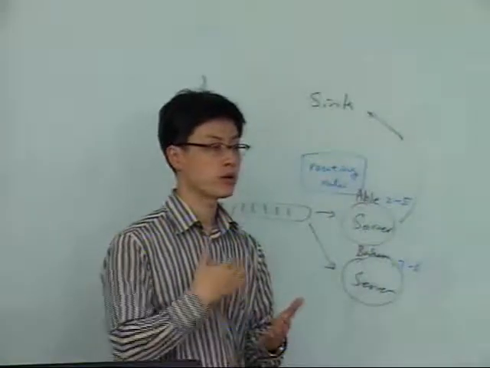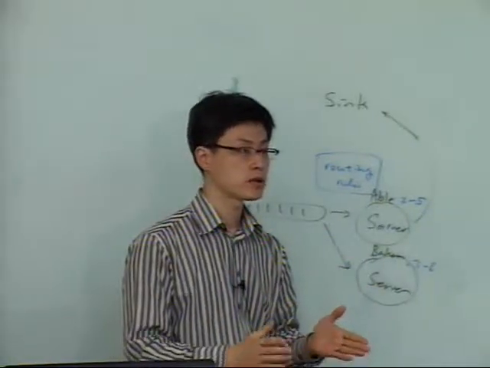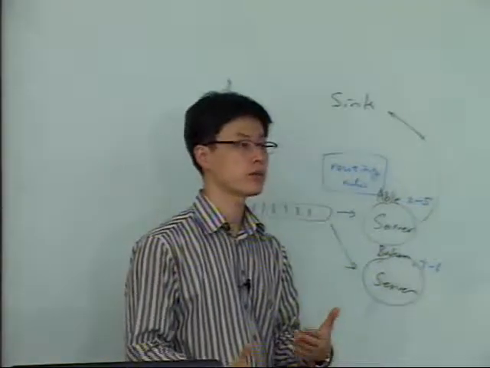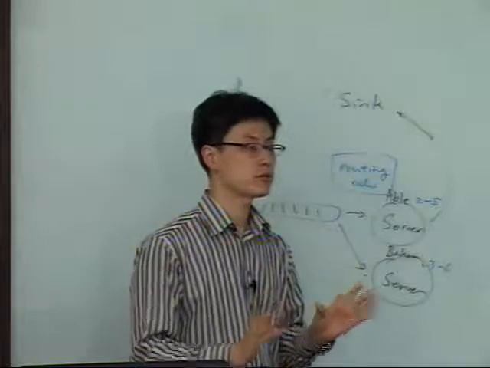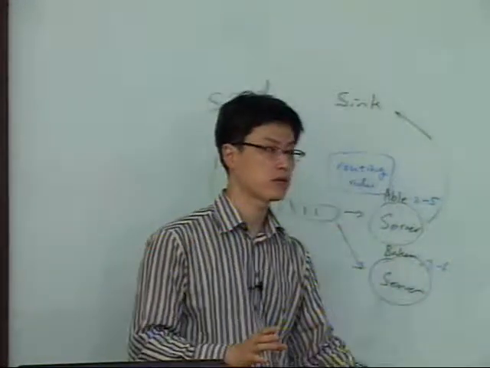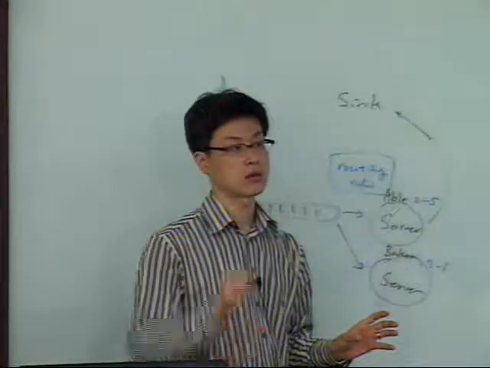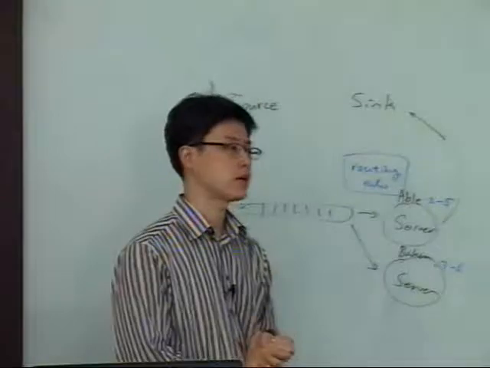By doing that, we can answer the average service time served by Abel or served by Baker. Only then do we need this kind of entity.